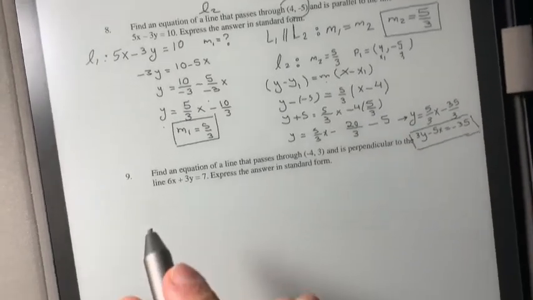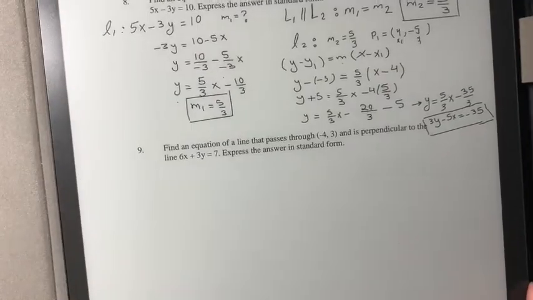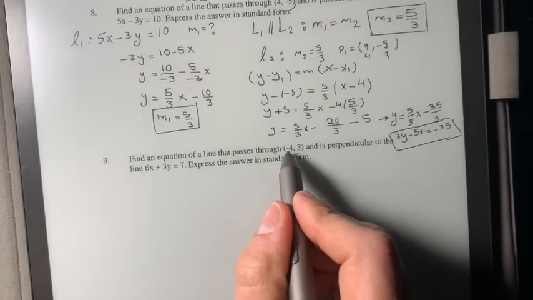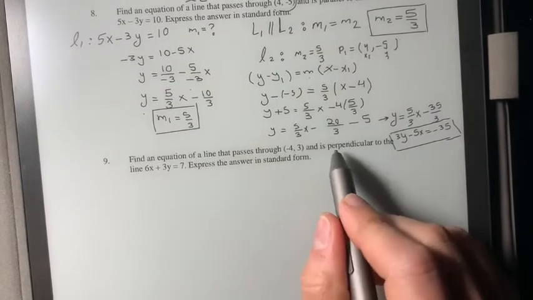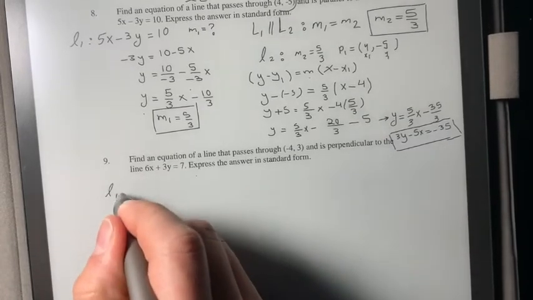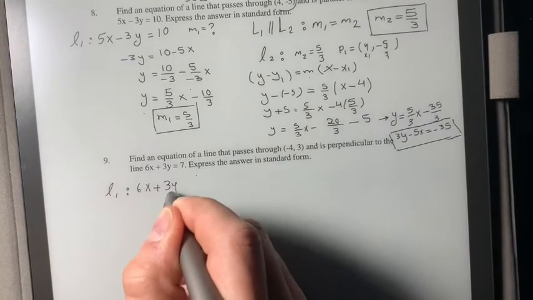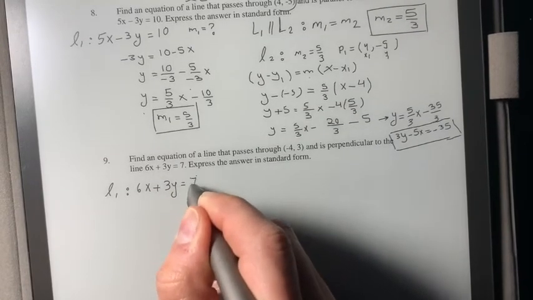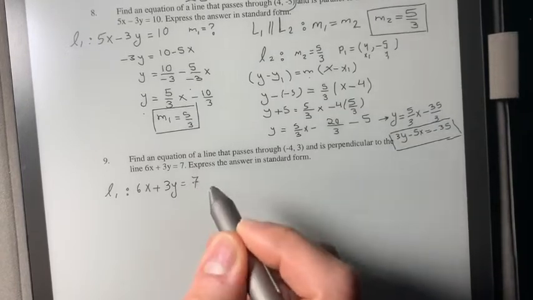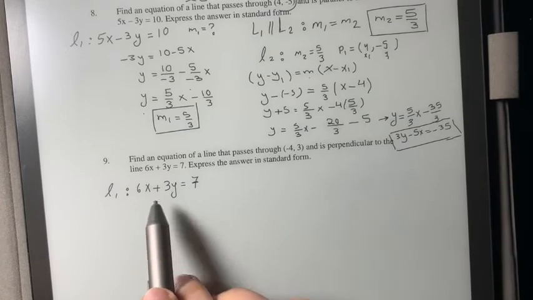Okay, so the next question says, find an equation of a line that passes through this point and is perpendicular to the line, this one. So we had a line L1 with this formula, and to find a perpendicular line to this one, we should know the slope of this line.